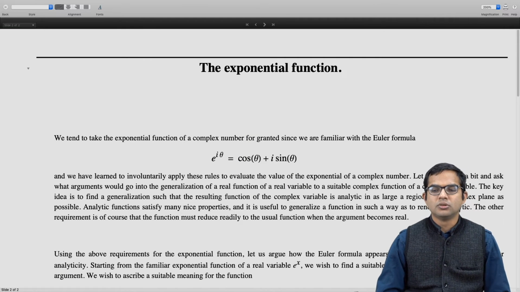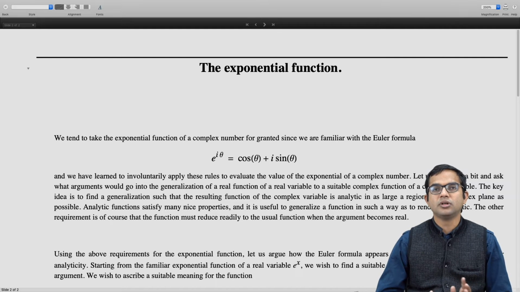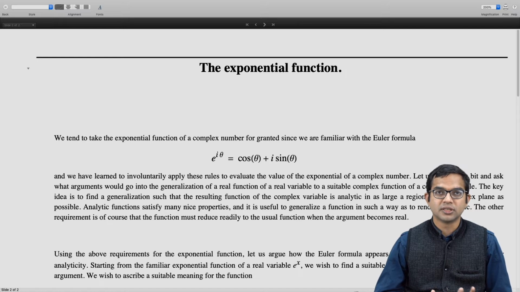Okay, so we are all familiar with the Euler formula. It says that e to the i theta is equal to cos theta plus i sin theta, and one argument to see how this comes about is to write down the Taylor expansion on the left hand side.